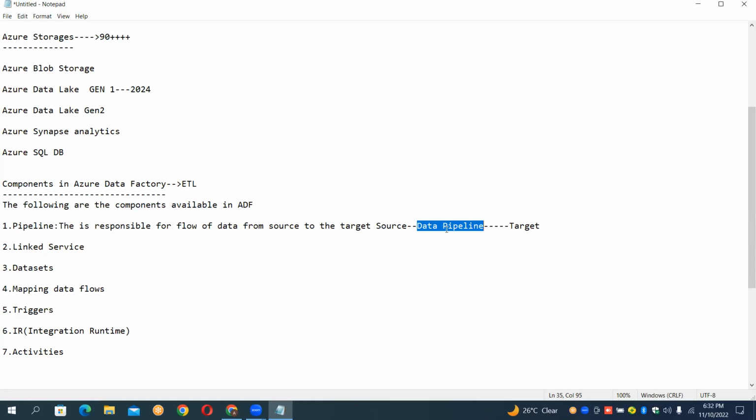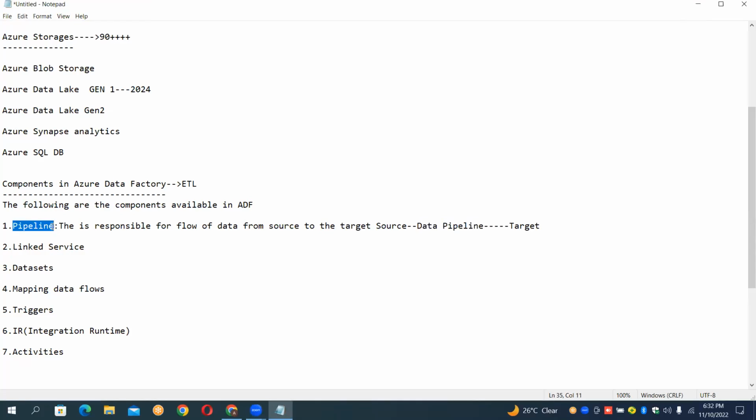We cannot. So we must have a pipeline. This pipeline is responsible for carrying the data from the source to the target. Hence it is called a data pipeline. Am I right, everyone?